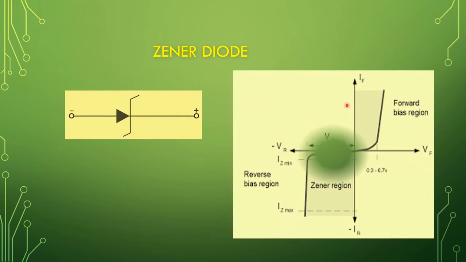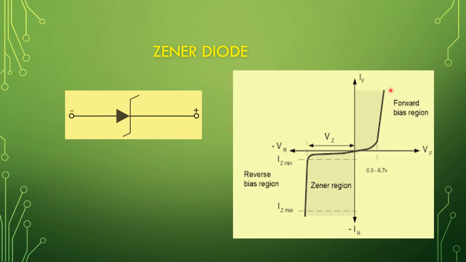And this is the current-voltage characteristic of a Zener diode. This is forward voltage, this is forward current, and this region is called the forward bias region. This is reverse voltage, so here we write minus VR, and this is reverse current, so here we write minus IR, and this region is called the reverse bias region.